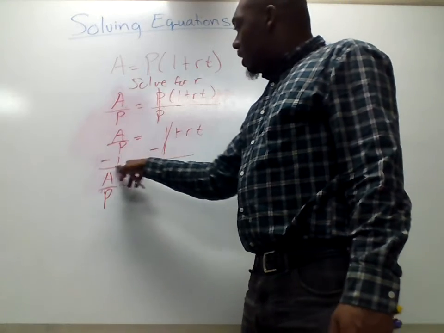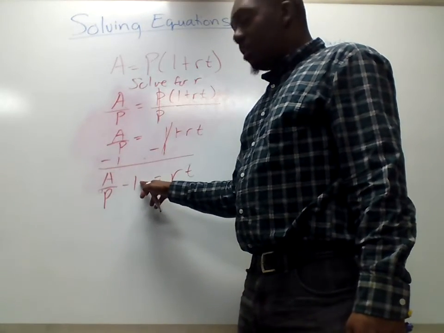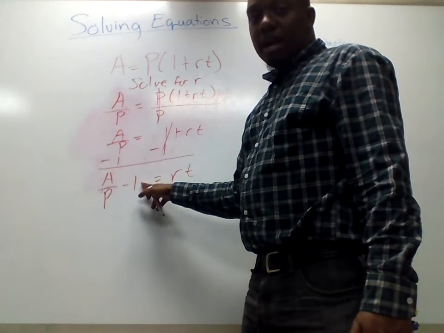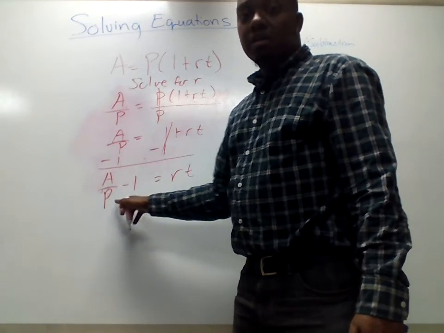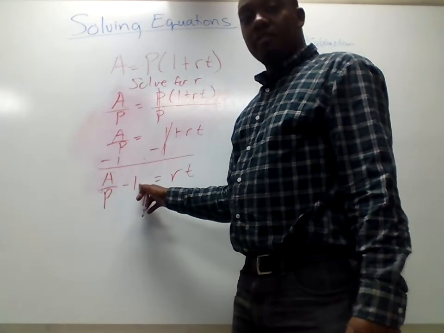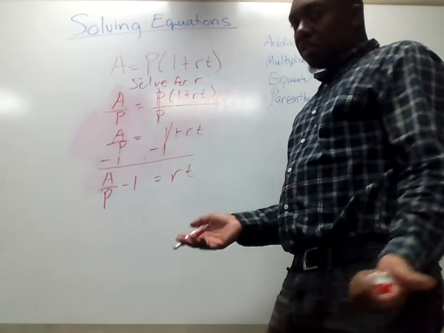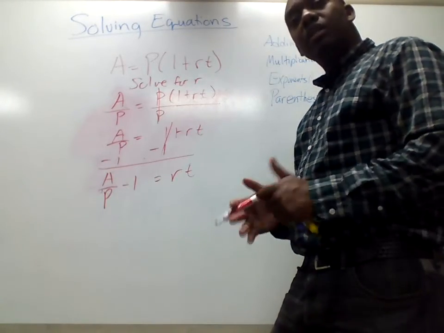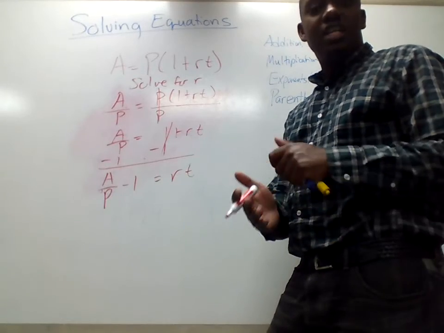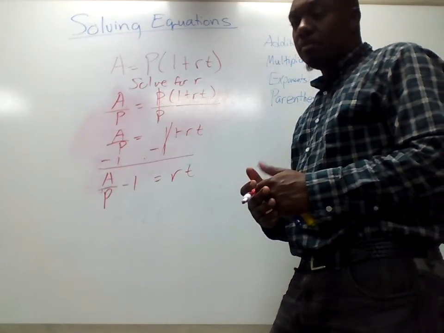Now, yes, I could come up with something different here than A over P minus 1. I could change this to a fraction of P as well and combine them together. But I could just leave it like this too. It's up to you what you want to do and how you want it to look. That's the cool thing with math. You can change the way things look however you want.